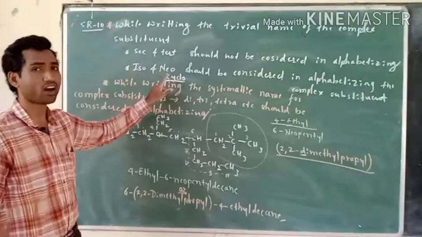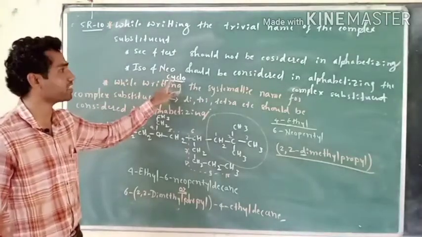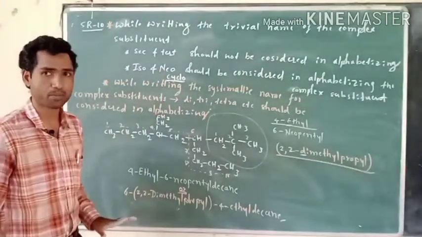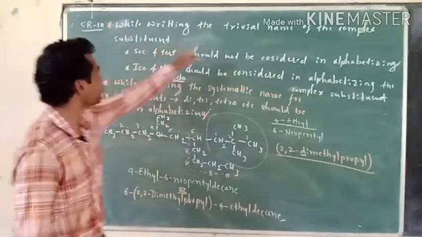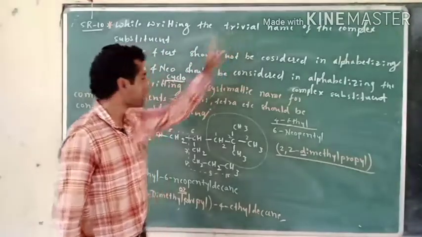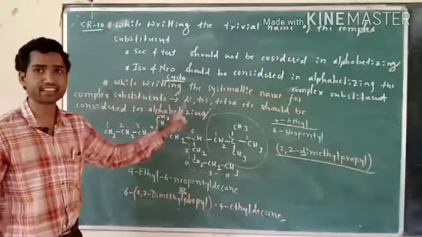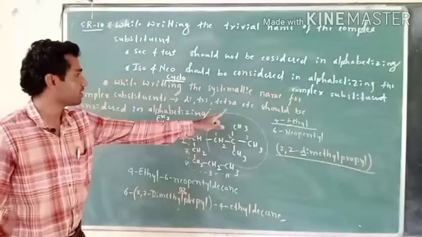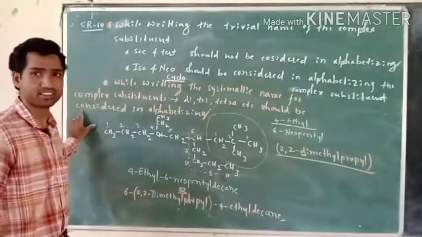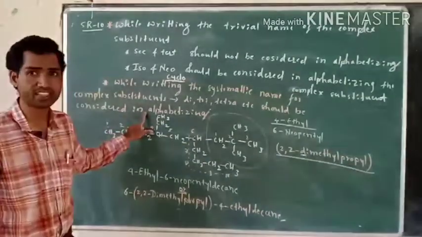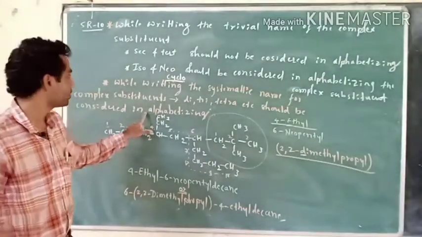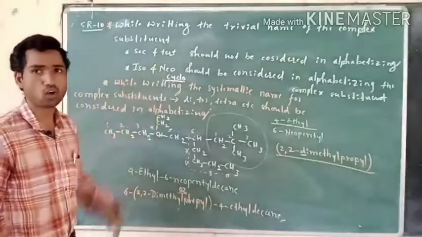Iso and neo along with cyclo should be considered in alphabetizing. These two are for writing trivial name. While writing the systematic name of the complex substituent, di, tri, tetra should be considered in alphabetizing. So this is for complex substituent.